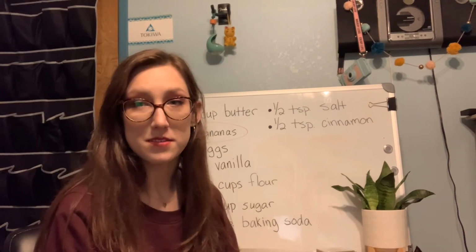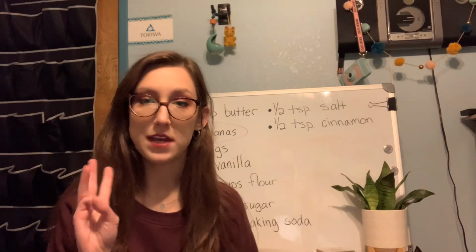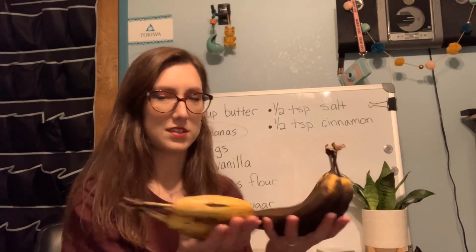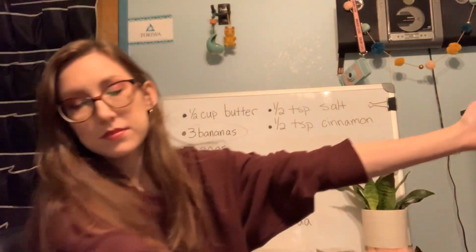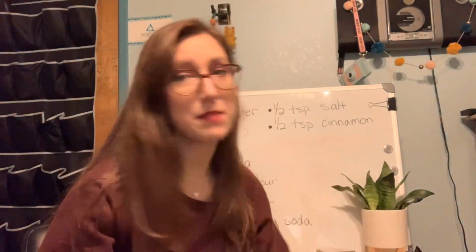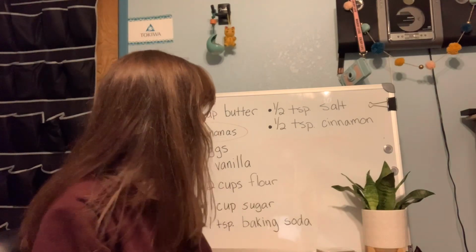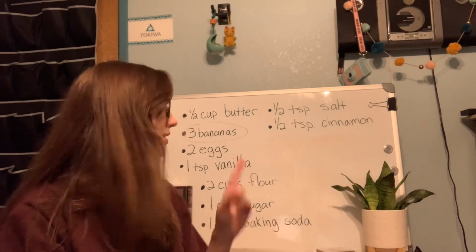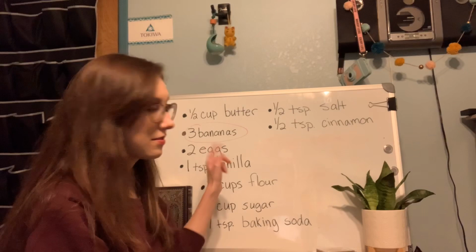So my issue is that this recipe that I looked up online was for 3 bananas, and I have in my kitchen 5 beautiful, delicious looking brown bananas, and I want to make the most of them. And I still want to enjoy a nicely balanced loaf of banana bread. So what I'm going to need to do is increase the rest of the ingredients by the same amount that I am increasing the bananas.